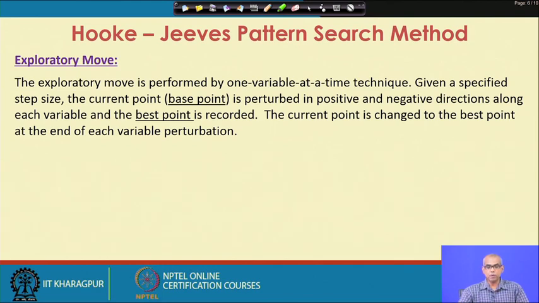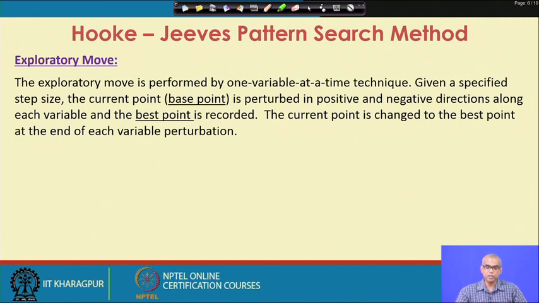So, the exploratory move is performed by one variable at a time technique. Given a specified step size, the current point, that is the base point we call, is perturbed in positive and negative directions along each variable and the best point is recorded. So, for a multivariable function, the exploratory move is performed by one variable at a time technique. We have to first specify a step size, that means the amount by which you are going to perturb each variable at a time in the positive direction as well as in the negative direction.